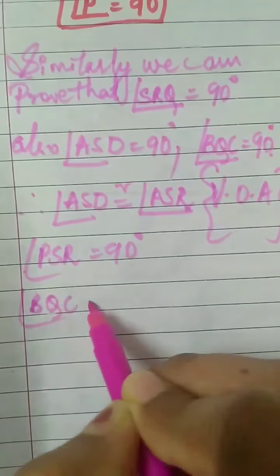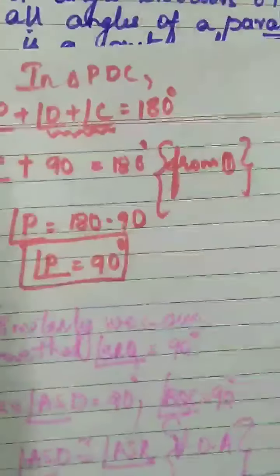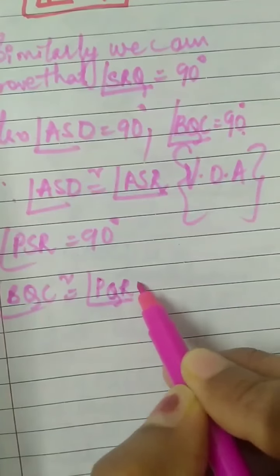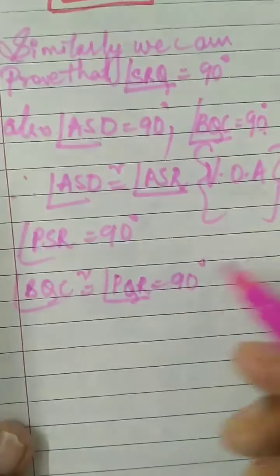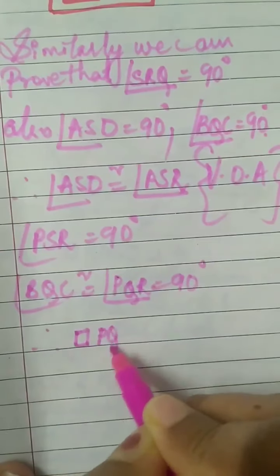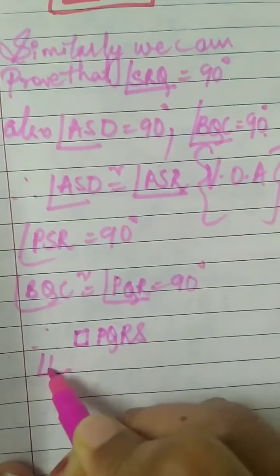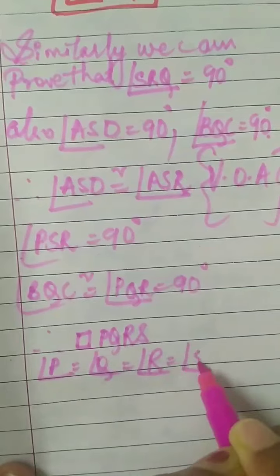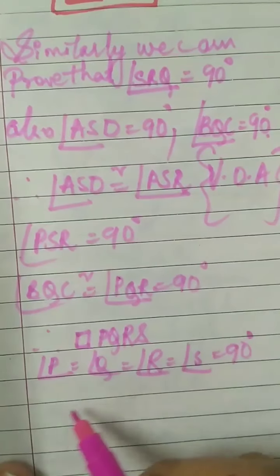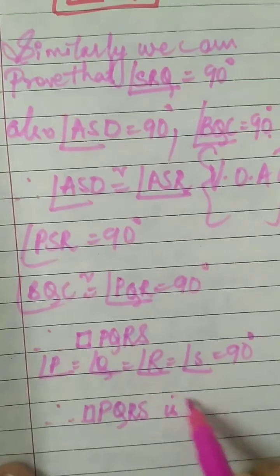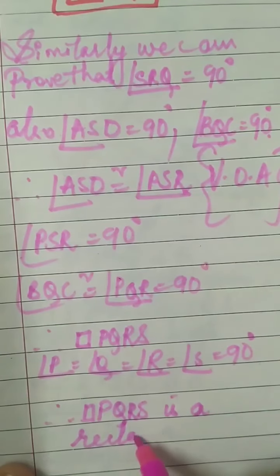PQR, vertically opposite angle, will become 90 degrees. Both will be 90. So therefore, in quadrilateral PQRS, angle P, angle Q, angle R, angle S, all the angles become 90 degrees. So quadrilateral PQRS is a rectangle.